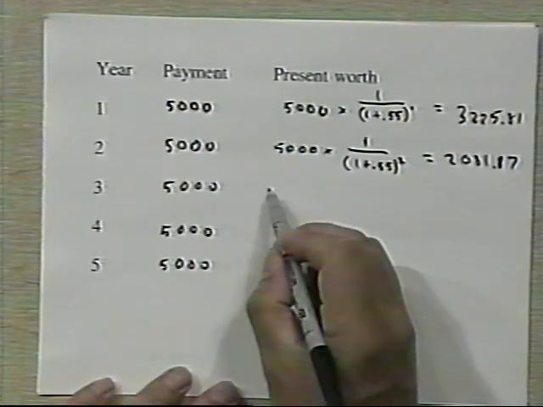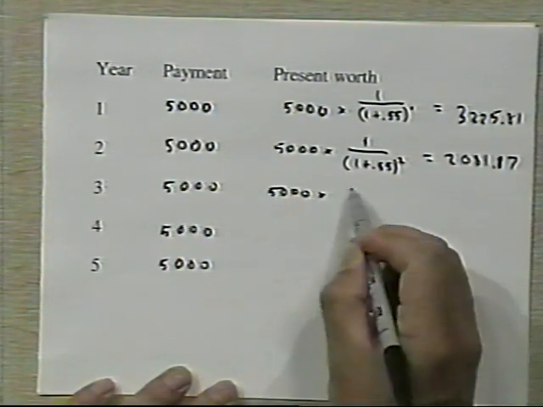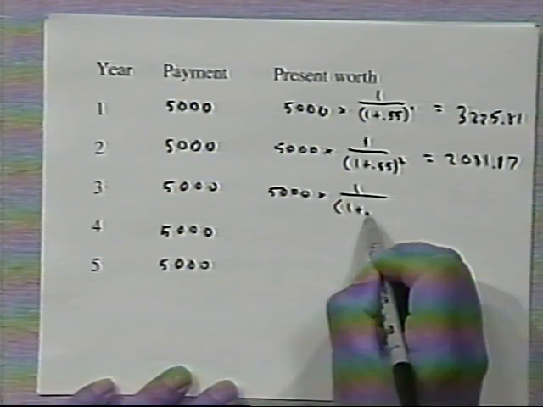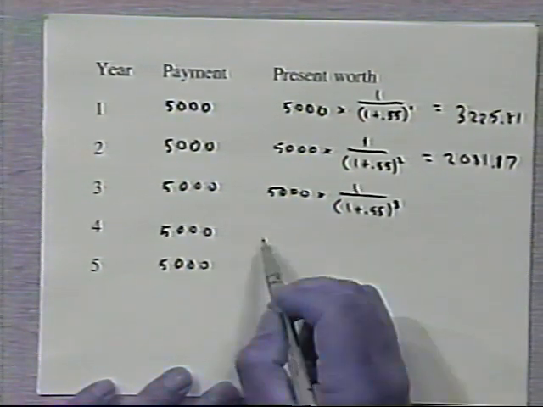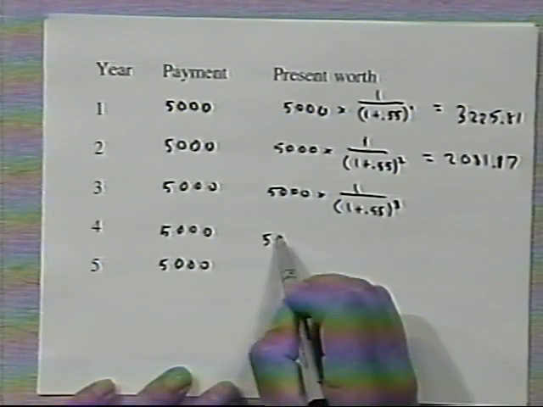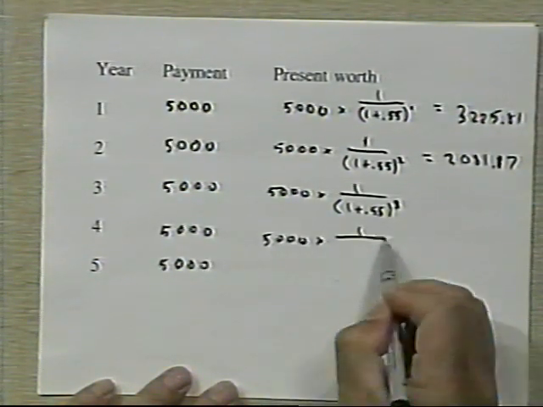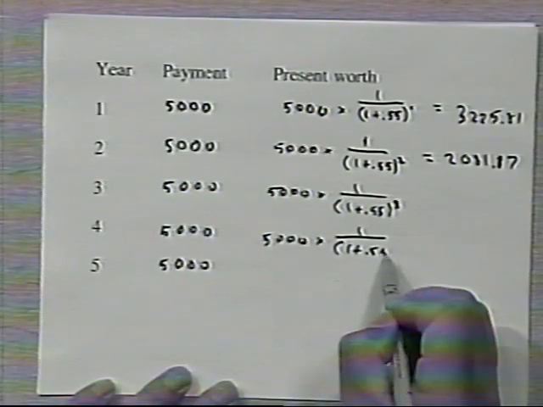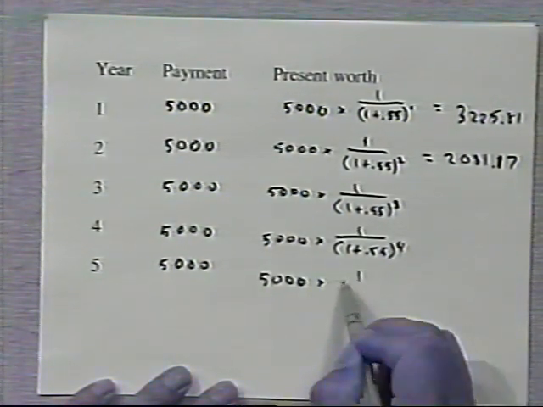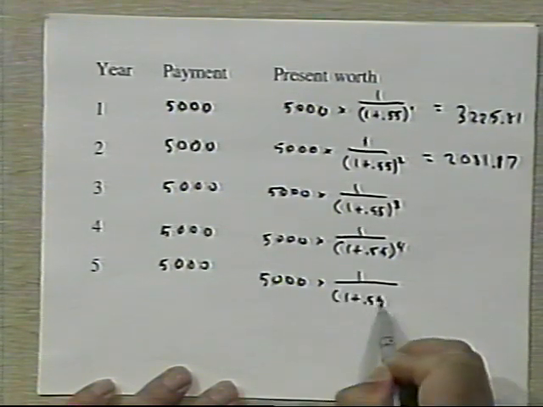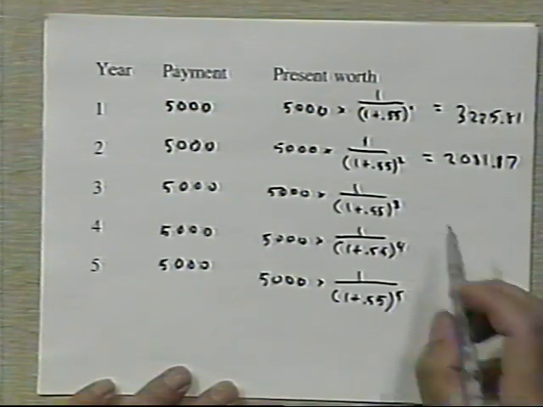And we'd have the $5,000 times 1 over 1 plus 0.55, 3 years from now, four years from now, and 5 years from now.